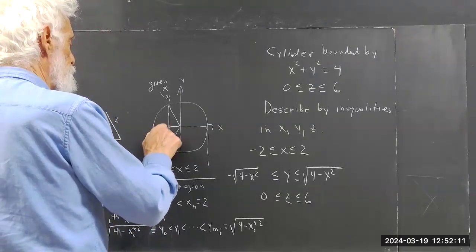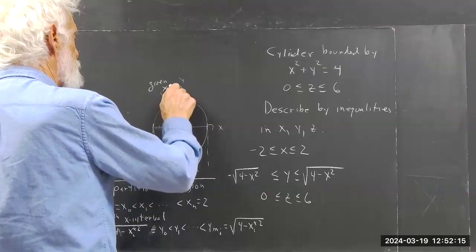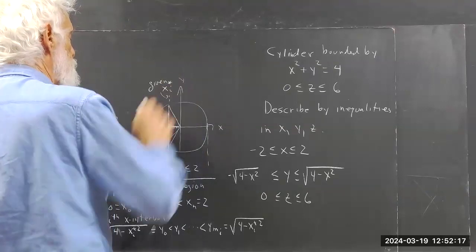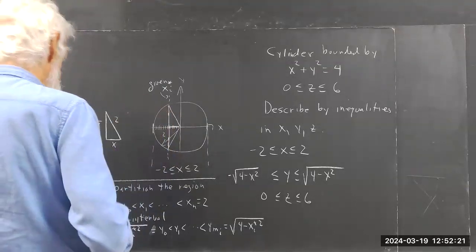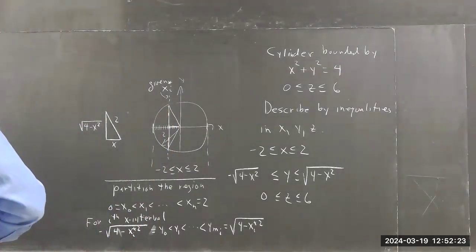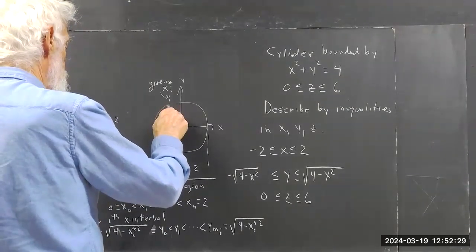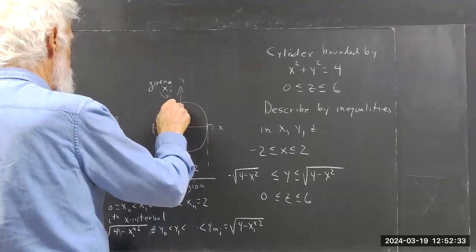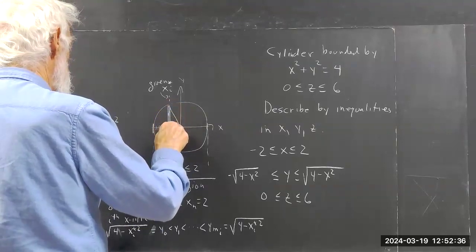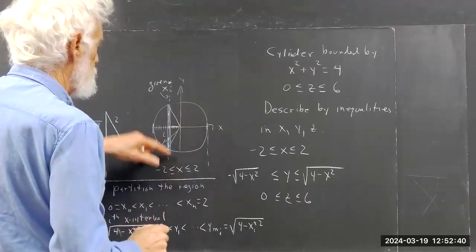it's as though we've got this partition. Here's an xi star in one of these intervals. And your y's are partitioned from here to here.